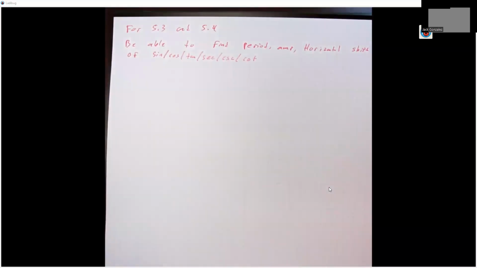So as long as you know how to find the period, amplitude, and horizontal shift for all of those, it'll be fine. I'll probably have just one question about this idea. Okay. 5.2 though.